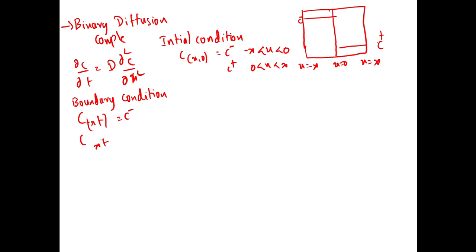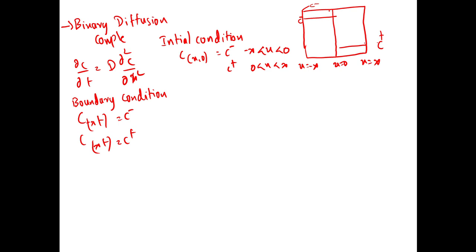These boundary conditions are very different from the other boundary conditions. Here we have considered minus infinity at any time; the concentration towards this end will always be c bar. If you diffuse for any time interval, the concentration at the left-hand side will be c minus, and towards the right-hand side it will be c plus.